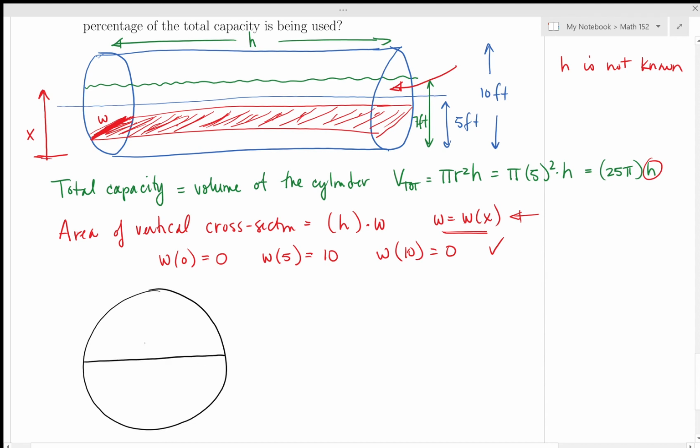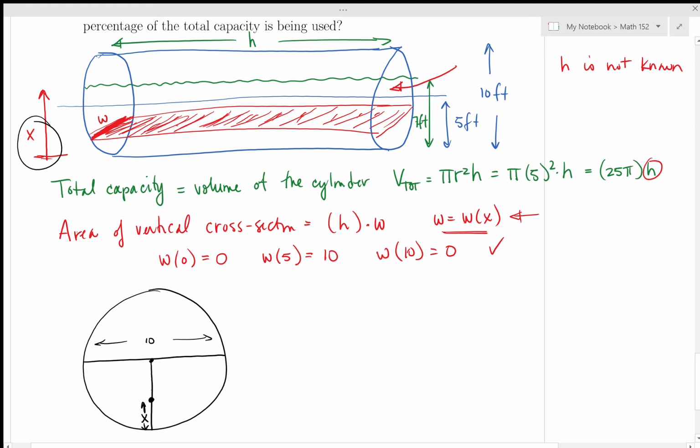That's the diameter of the cylinder. And I'm measuring x, some value here, x. That is what I'm choosing. It is sitting right here. I'm coming up from 0, and so my x is right here.